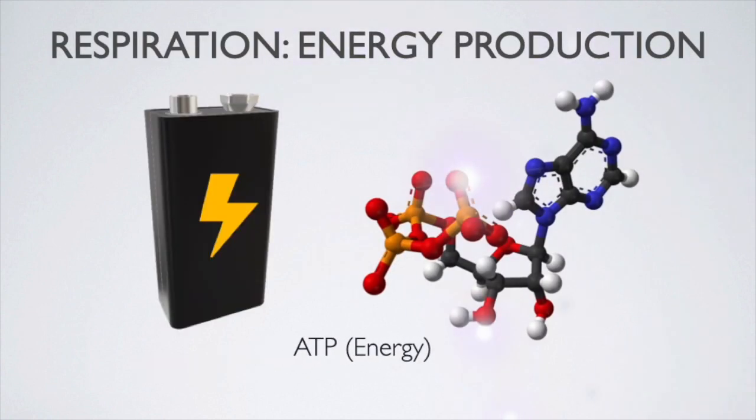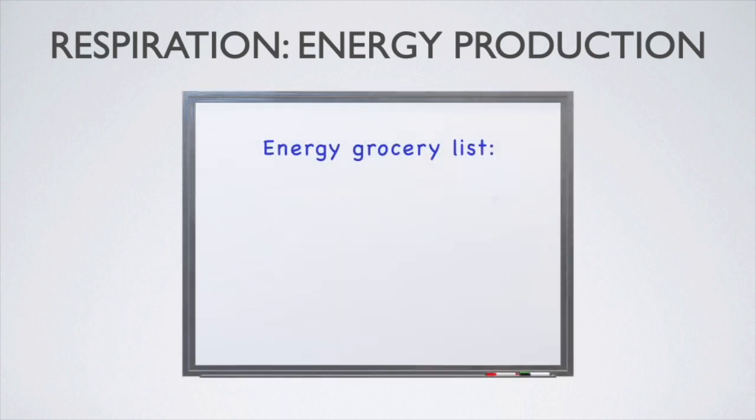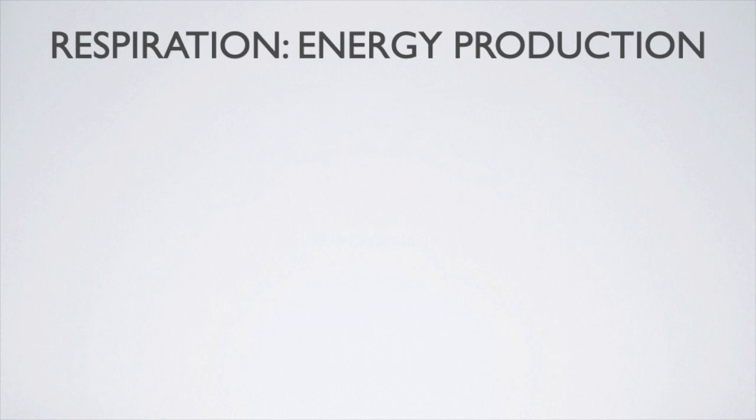Let's start with energy production, which is done thanks to the process of respiration. Here's the grocery list for this task: sugar and oxygen. Sugar. We've got it. It's been produced via photosynthesis. We've also got oxygen.